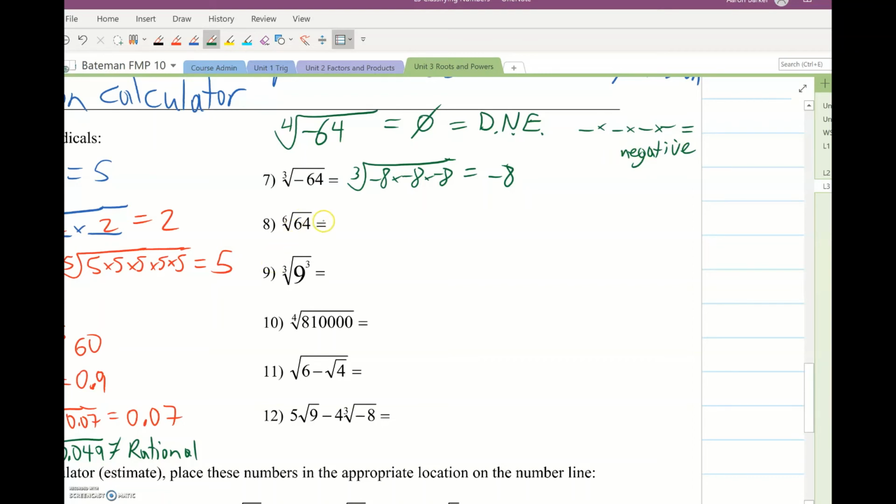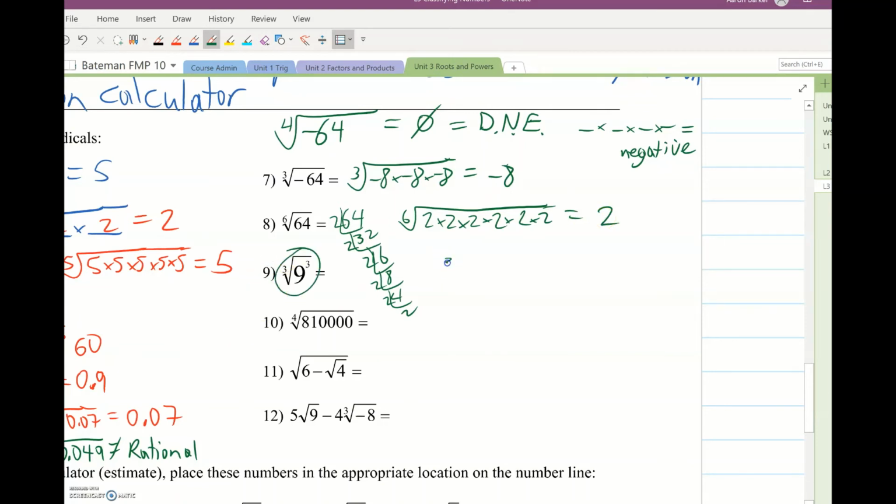But the 6th root of 64, that can work out. So you divide by 2, 32, divide by 2, 16, divide by 2, 8, divide by 2, 4, divide by 2, 2. So how many are you looking at? 6 of them. So that equals simply 2 as a value. Now, let's expand that out.